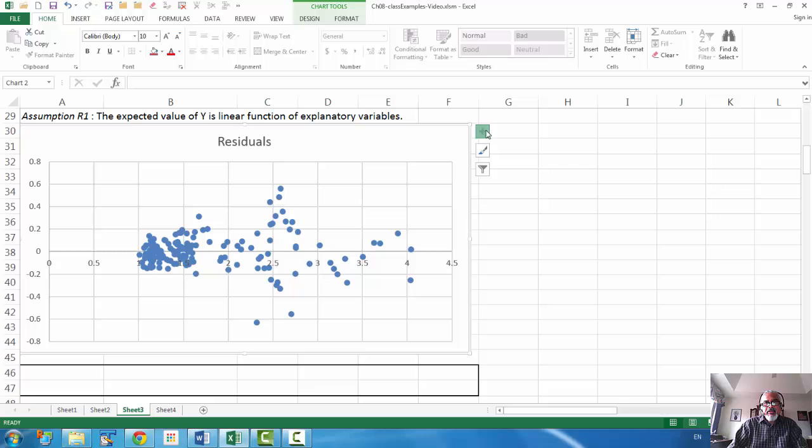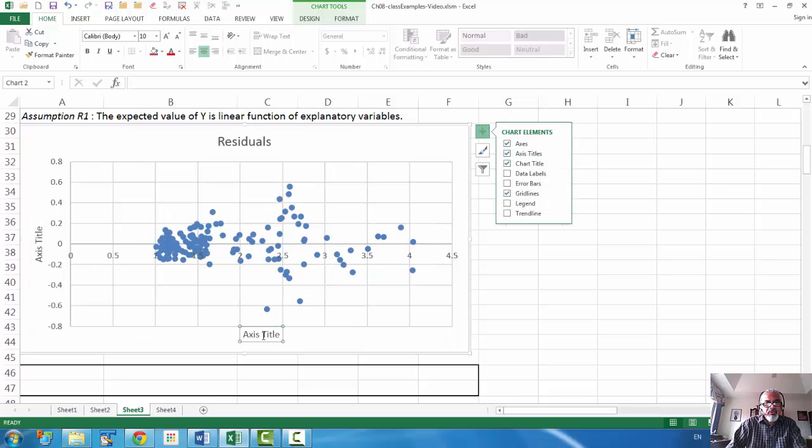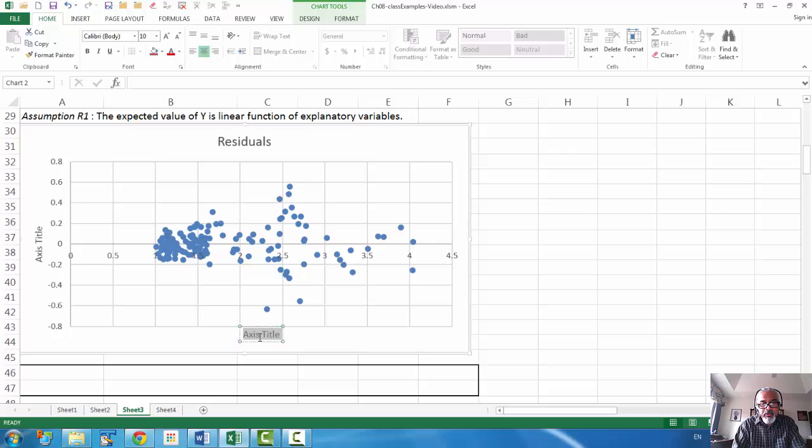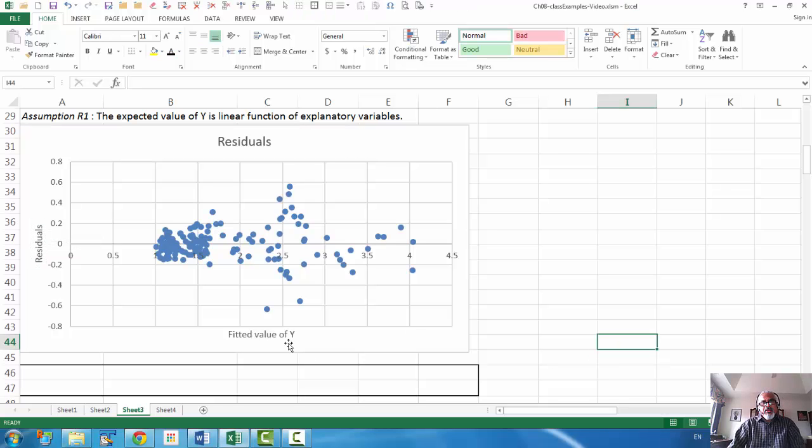So let's add the x-axis title. This is the fitted value of y. And this is our residual. You can see that you don't see any non-linear pattern. It looks reasonably random.